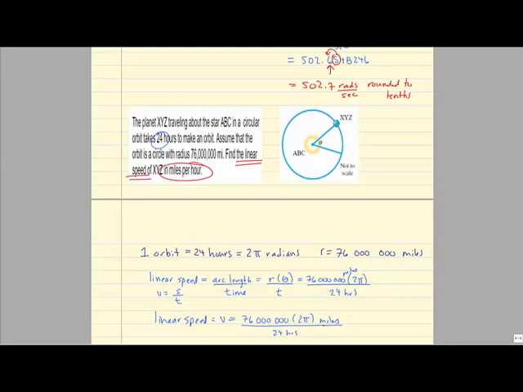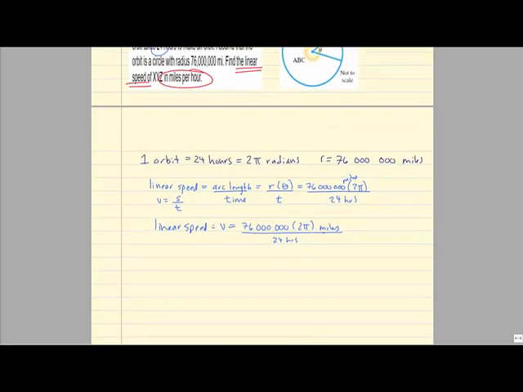Sometimes they're going to want these answers a little bit different. Sometimes they'll want them rounded. If you want to do some simplifying and canceling, you can. But if you just want to find the decimal approximation, you can just plug it into your calculator. So when I plug this into my calculator, I get 19,896,753.47.